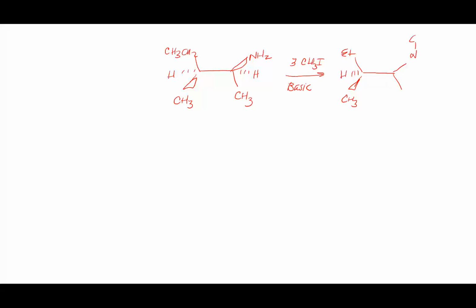So the first step is I'm going to alkylate this nitrogen with 3 methyl groups. So that's my molecule that's going to undergo Hoffman elimination.